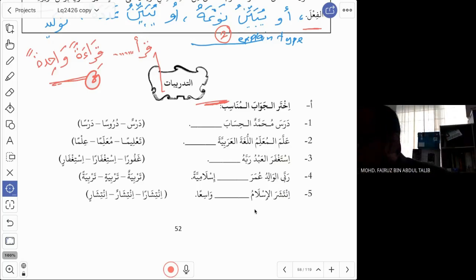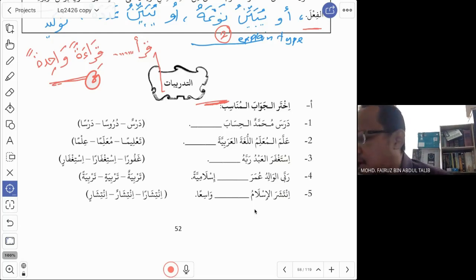Darasa Muhammadunil hisaba. Muhammad learned hisab. Hisab is mathematics, calculation. So Muhammad learned mathematics. Which one is the masdar for the word darasa? Here they give you 3 words: darsun, durusan, darsan.